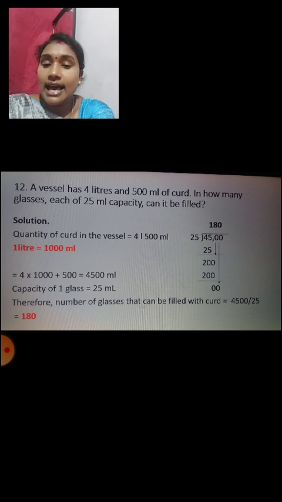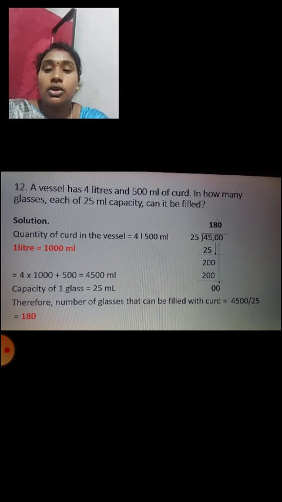A vessel has 4 liters and 500 ml of curd. In how many glasses, each of 25 ml capacity, can it be filled? Okay, so the quantity of curd in the vessel is 4 liters and 500 ml.